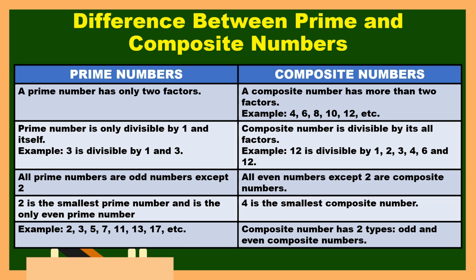And all even numbers except 2 are composite numbers. Kasi nga ang 2 ay ang tanging even prime number and is the smallest prime number. And 4 is the smallest composite number. And composite number has 2 types, odd and even composite numbers.